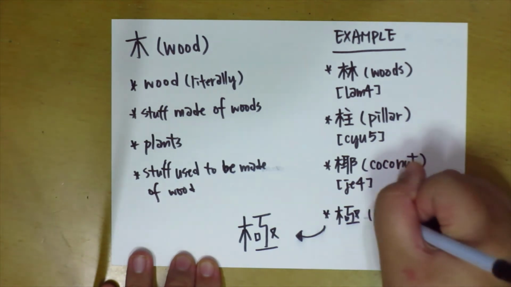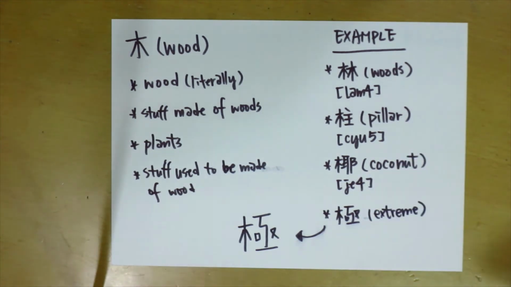It means extreme. So the most extreme locations of our planet Earth are the poles. North Pole is Bắc, while South Pole is Nam.